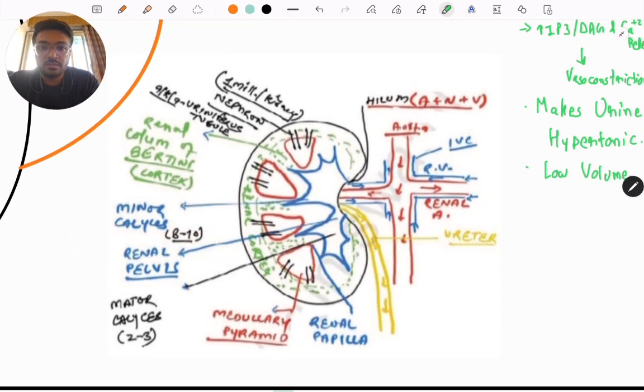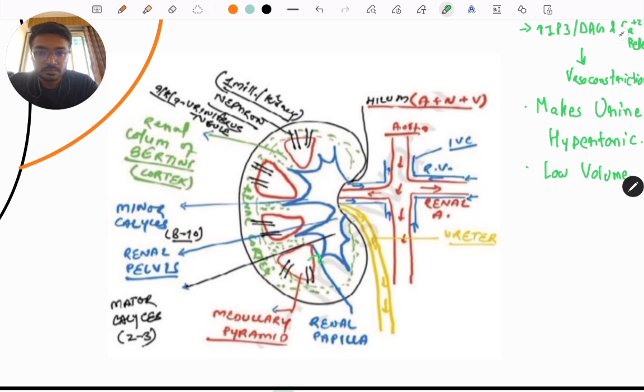So starting with our kidney, each kidney is having 1 million nephrons, a total of 2 million nephrons, and in these kidneys we have this middle space. It's called the renal column of Bertini as it's marked here.